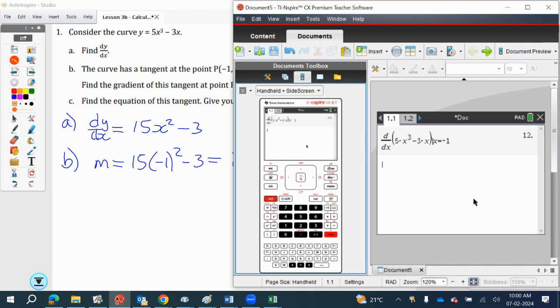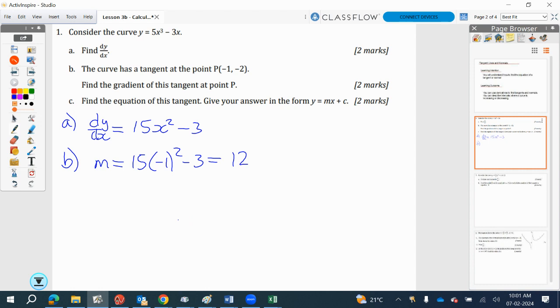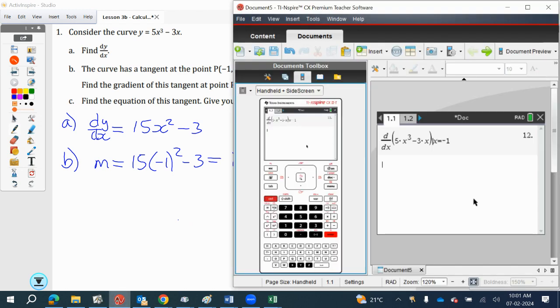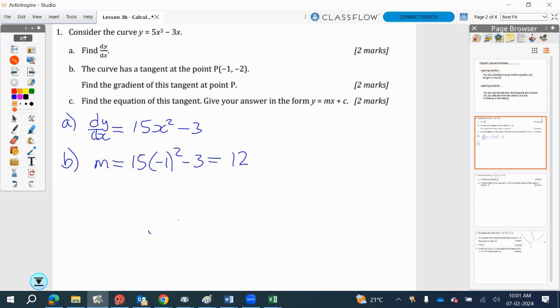If you get a 12 here and a 12 by hand, you're good. If it doesn't verify, check what you've done wrong.